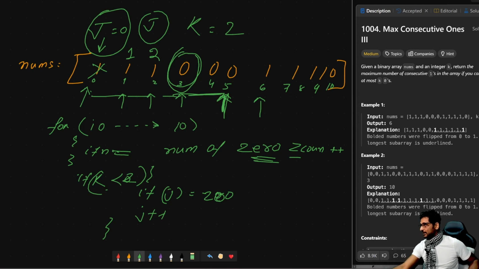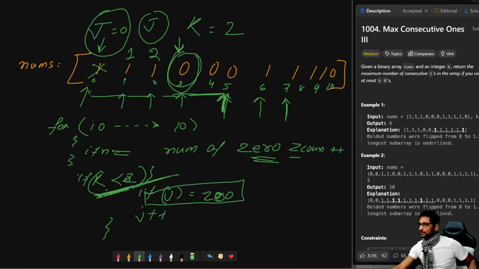And next time, when our j counter goes to 1, we'll find our k becomes less than our 0 count again. But here our z count becomes 0, so we already have a 0. So what we do is reduce the 0 count by 1. Again we keep increasing our j plus plus no matter what. So our j now will go to index 4.